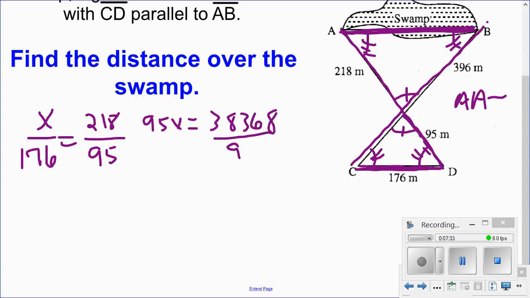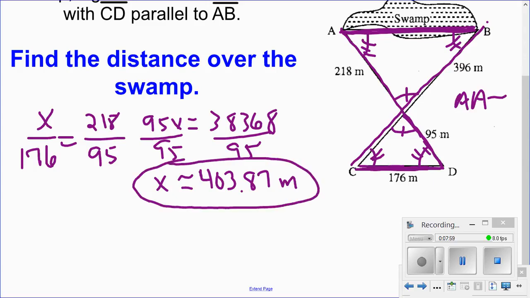Dividing both sides by 95, I'm getting x is approximately 403.87, and these are meters. So 403.87 meters across the swamp. Okay.